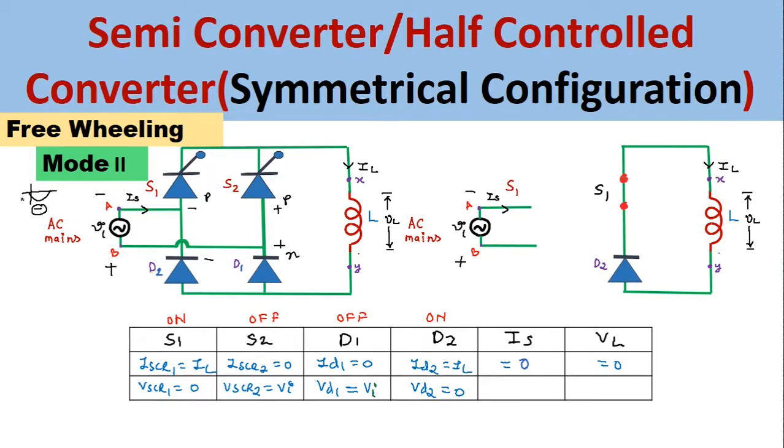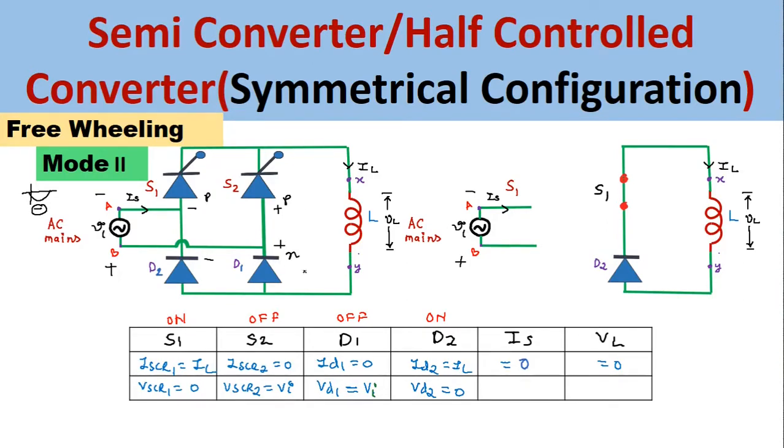Now what happens in the negative half cycle of the AC input signal? Due to this, SCR1 tries to turn off and D1 also tries to turn off. So there is a change in the load current, as the load is highly inductive. As the load is highly inductive, it will try to oppose any change in the current flowing through it.